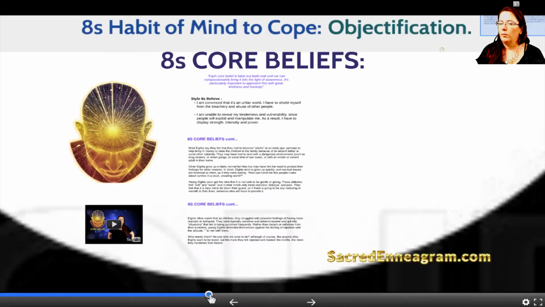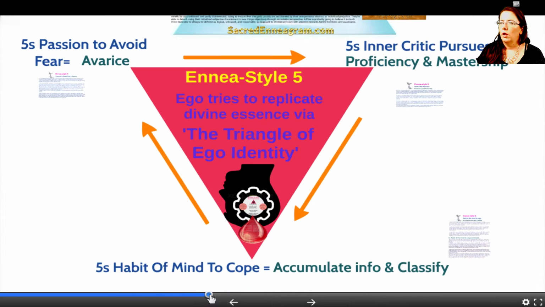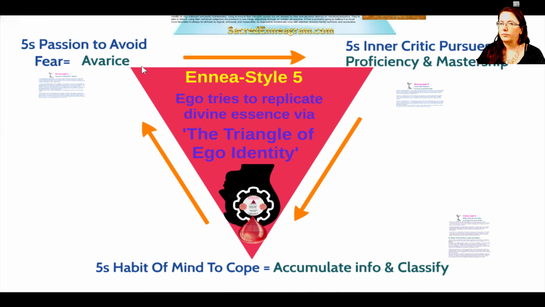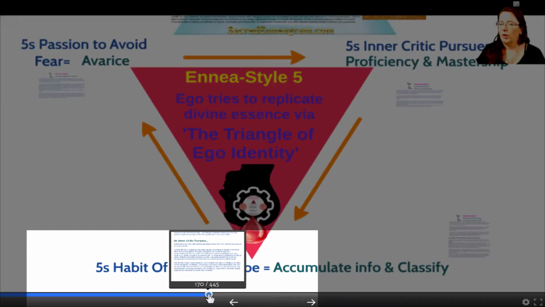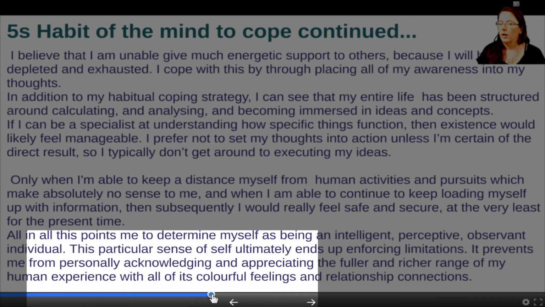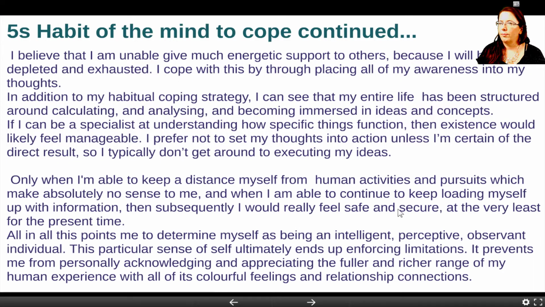So clicking that, and we should go straight to Enneagram Style 5's self-triangulation spiral here. And that goes to 173, which is right here. And just seeing if that corresponds to the manual.